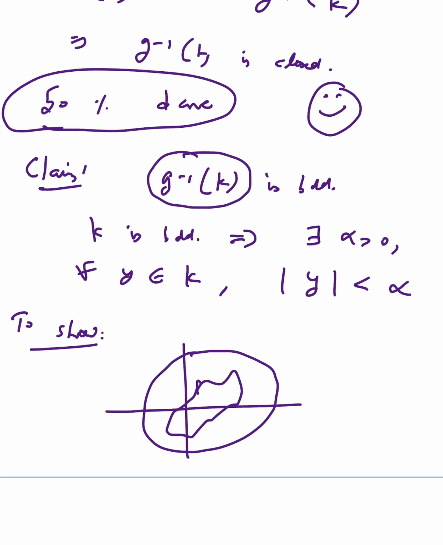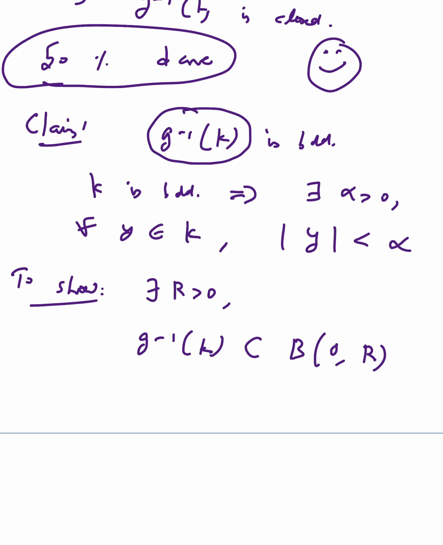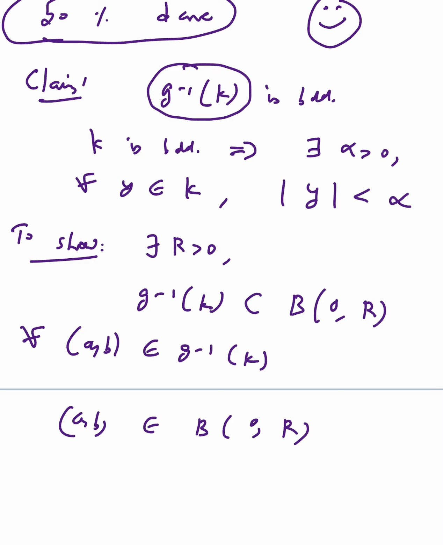That means there exists an R such that g inverse of K is contained in a ball centered at the origin and having radius R. If you want to simplify it further, you can say that for every (a, b) inside of g inverse K, (a, b) lies inside the open ball B(0, R).